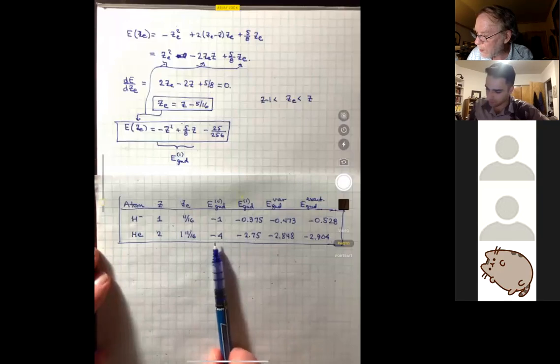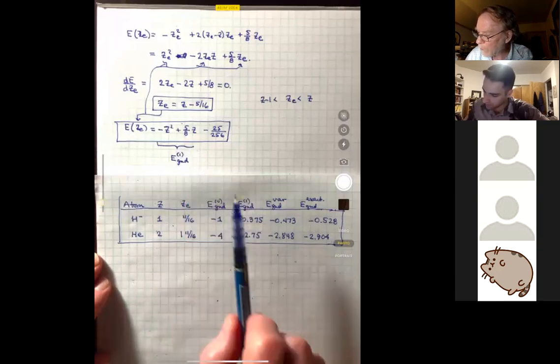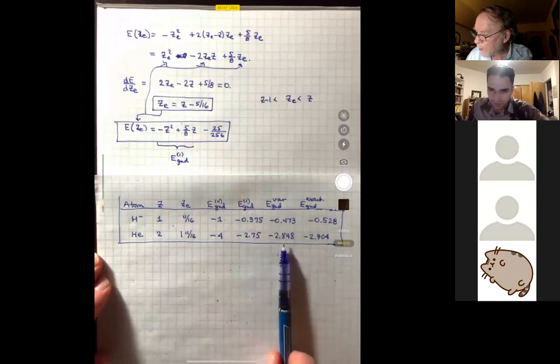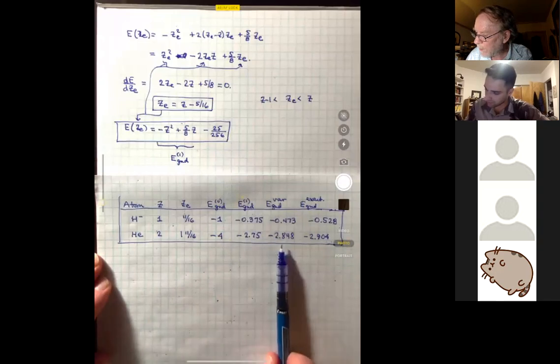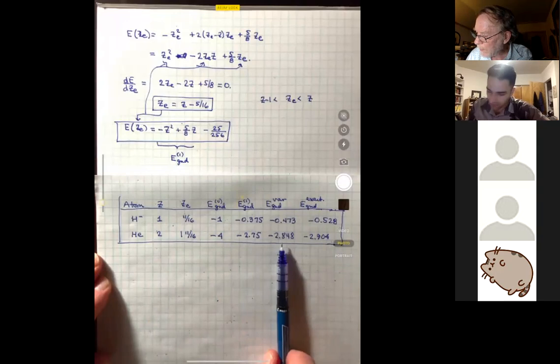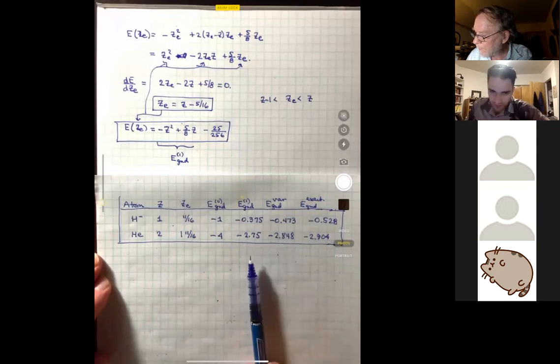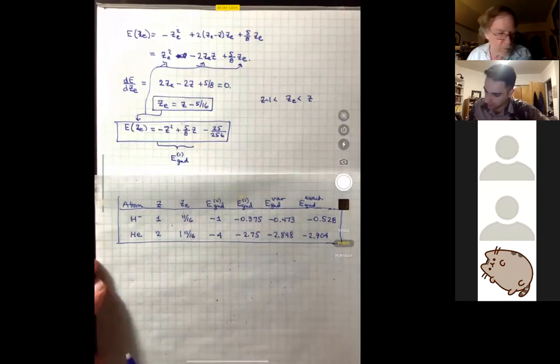Here's the ground state in the unperturbed system. Here's the result after the first correction due to perturbation theory. That's adding the 5/8 Z in this formula. The variational estimate involves subtracting from that 25 over 256, and this brings the minus 2.75 down to minus 2.848. You do the numbers. Whereas the exact ground state energy is minus 2.904.